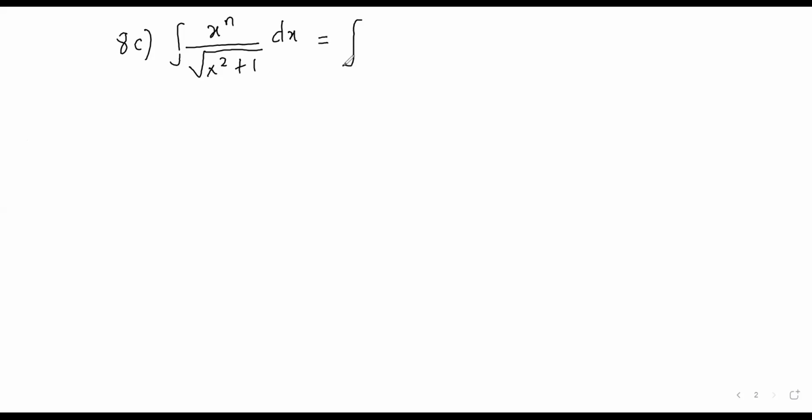We try to reduce the power of n. We write it like this, then multiply by x dx. And then we keep the denominator the way it is. Why are we doing that? We want to use a simple by parts to derive our formula.